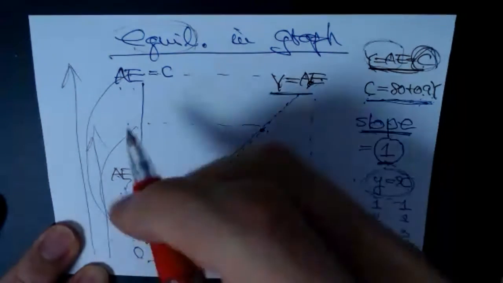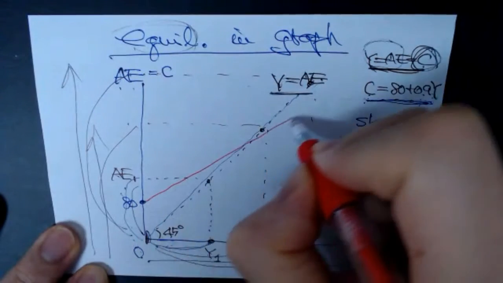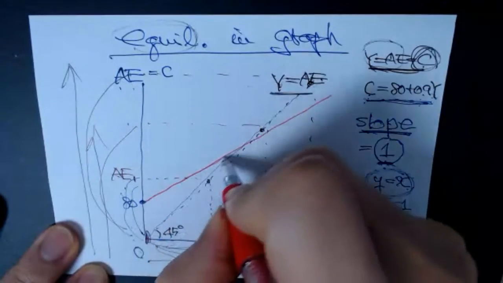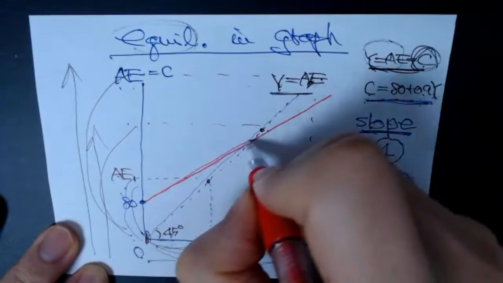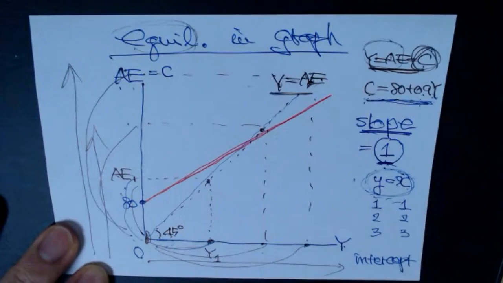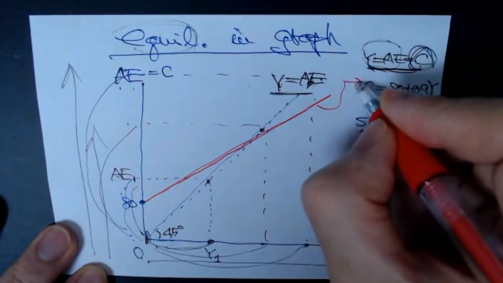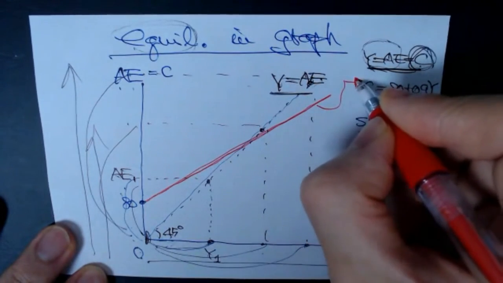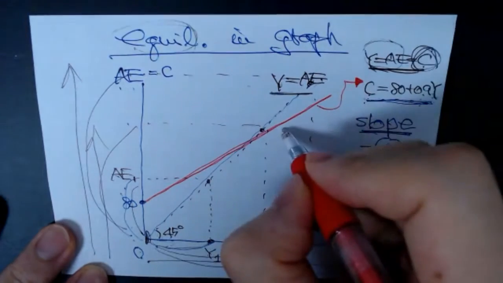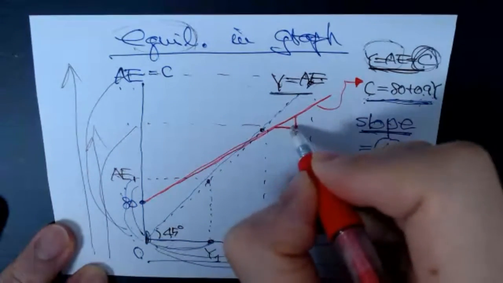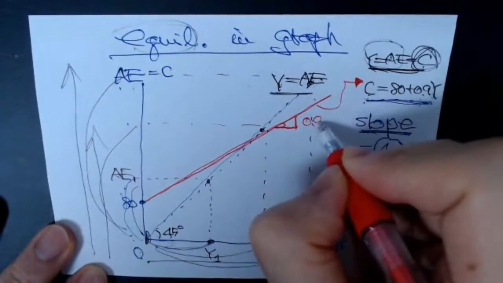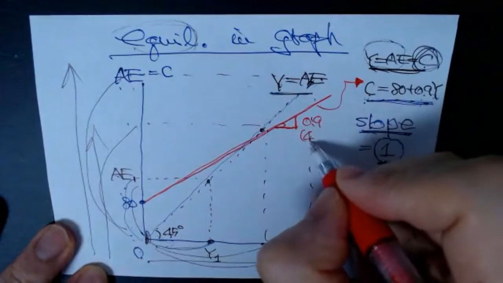So I will add a slope like this with the red one. So this is the consumption function, and you can say that the slope of this is 0.9.